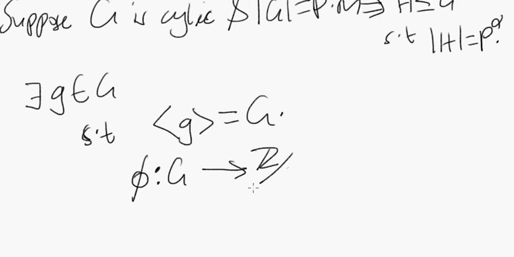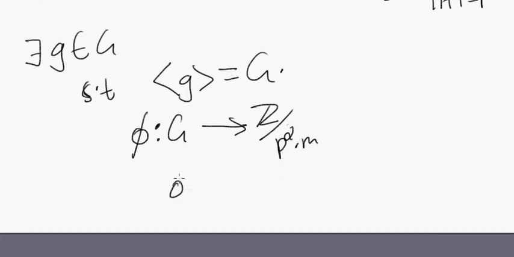Given by, since little g generates the group G, can we say that every element of the group G is of the form g to the i? So suppose we define a function that takes g to the i to just i, an element of Z mod p to the alpha times m.